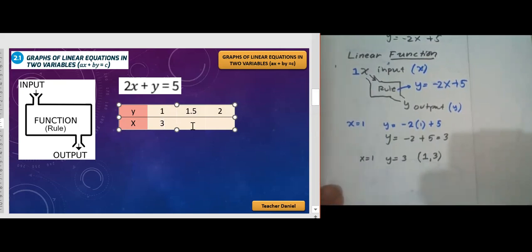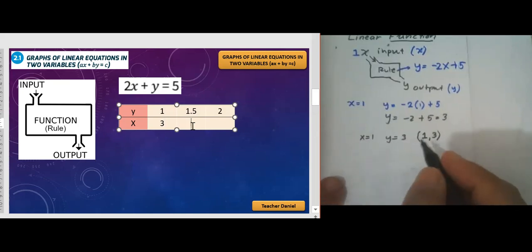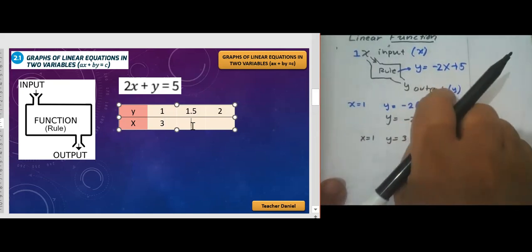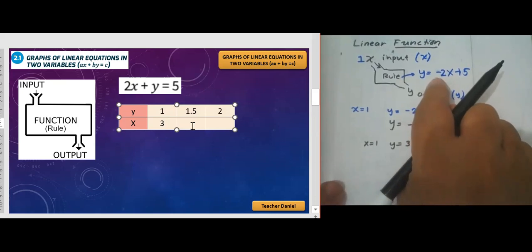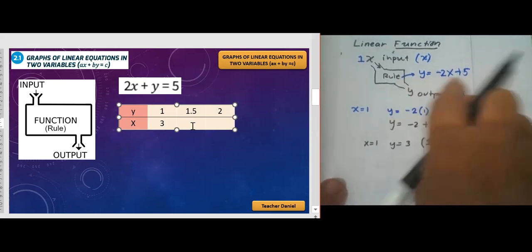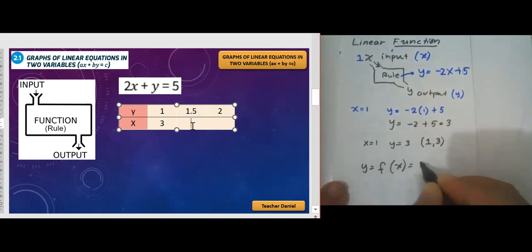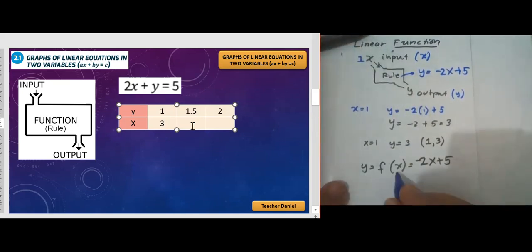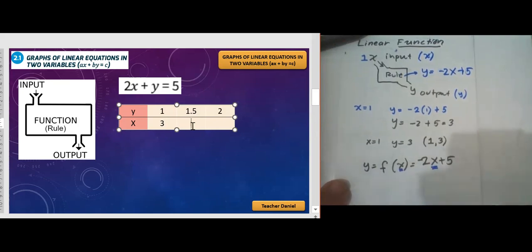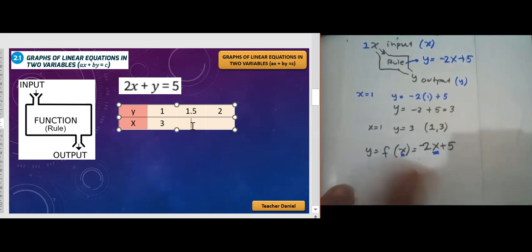Now, if you're going to do the same thing, we can use the function notation. We can also write that rule as y = f(x) = -2x + 5. Why function of x? Because this is in terms of x, meaning it uses the variable x.